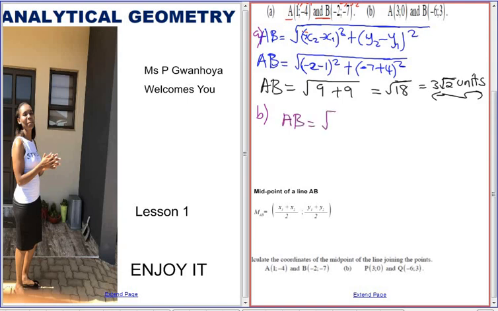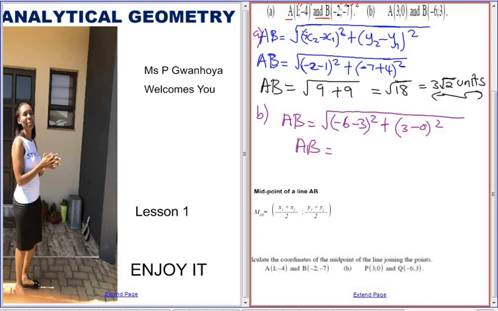I'm not going to rewrite the formula, you already know it. It's just that B is going to be my x2 and y2 now. So I'm going to say -6, -3, okay, and then we say plus, then y2 happens to be 3 there, -0. So it's just mere substitution into the formula.